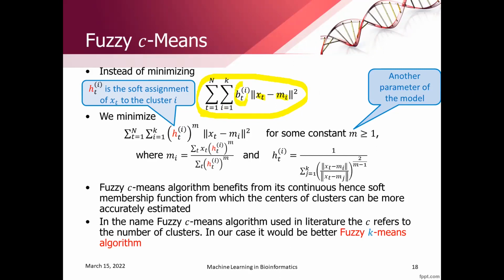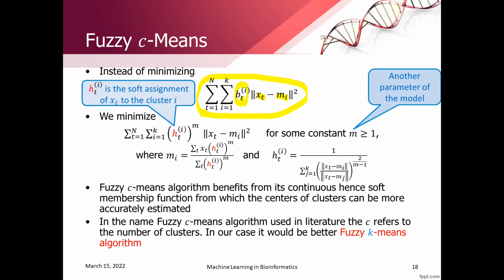Mathematically, this was expressed by this indicator b, which has value 1 for a given observation x_t only if it was assigned to cluster i, and then the square of the distance between the observation and its representative is used in the sum.